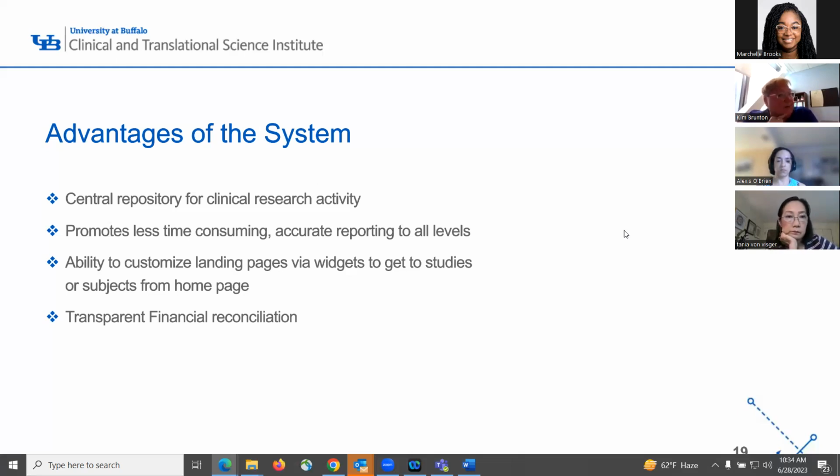Our financial team does enter things into Oracle, because that is the SUNY system of record. So when we receive money in OnCore, we put that out to the RF system as well. So it all jibes.